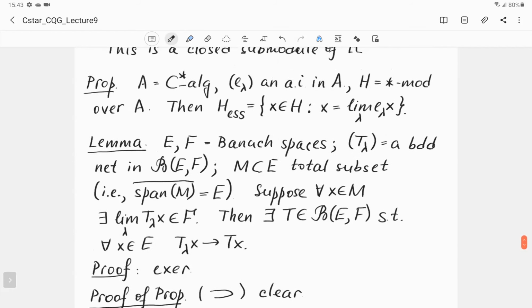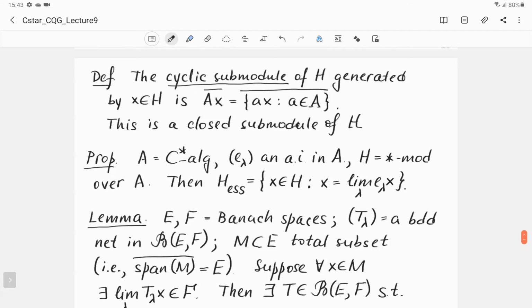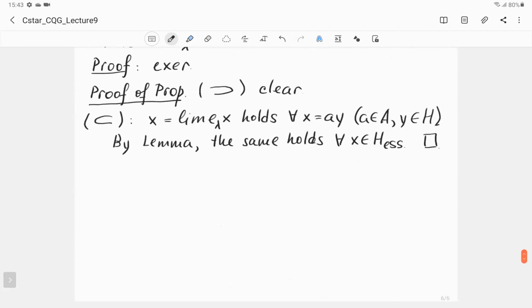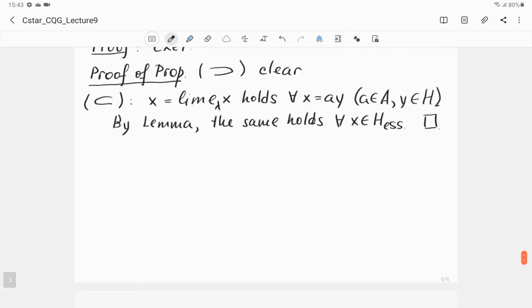Okay, let's now come back to the definition of a cyclic submodule. So I claim that if our element x is in the essential part, then it belongs to the cyclic submodule. So this is a corollary, actually, of the above proposition. If little x sits in the essential submodule, then it belongs to the cyclic submodule generated by x.